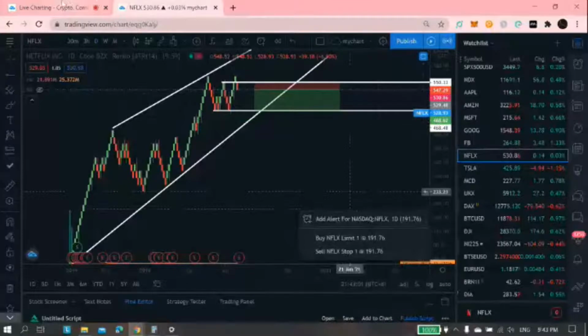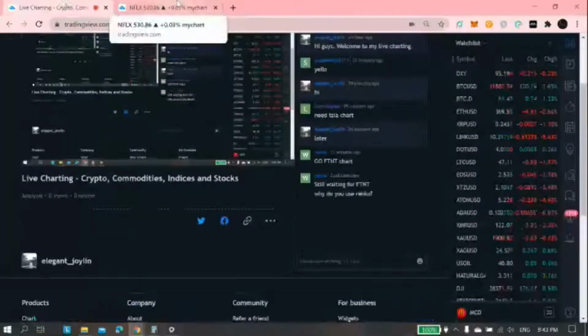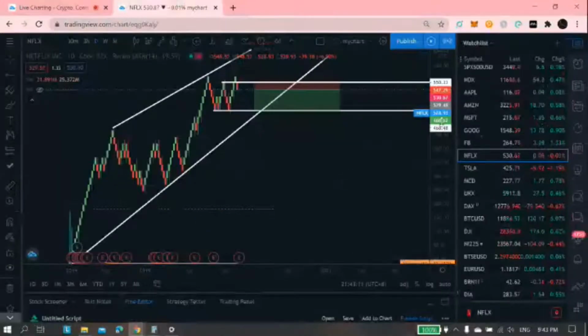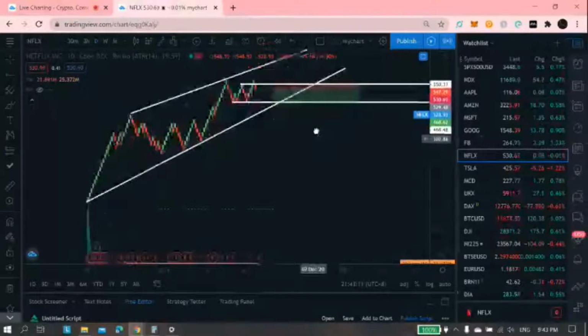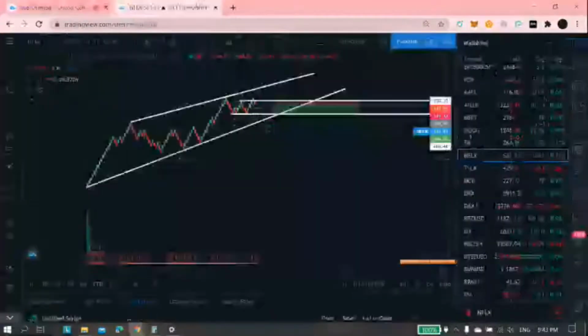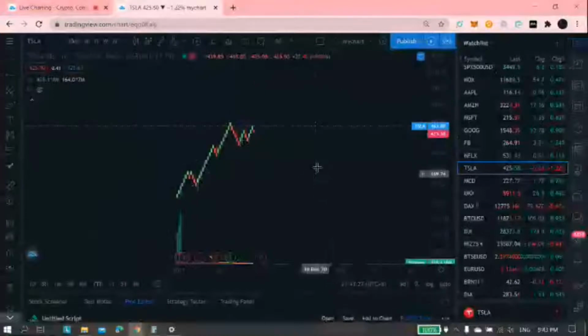So next is Tesla. Actually, I use Renko chart because it's less noisy than the candlestick. But of course, I also use candlestick.